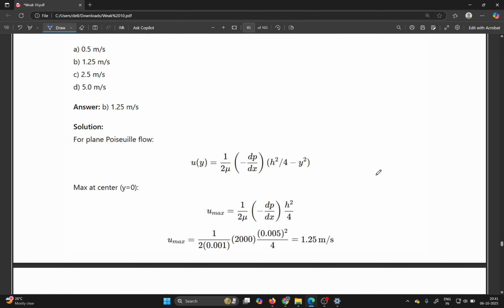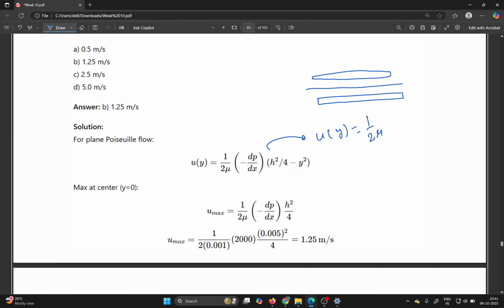Okay, so for the flow between two parallel plates, you have a velocity equation like this: u equals minus 1 by 2 mu, dp by dx, times h squared by 4 minus y squared.